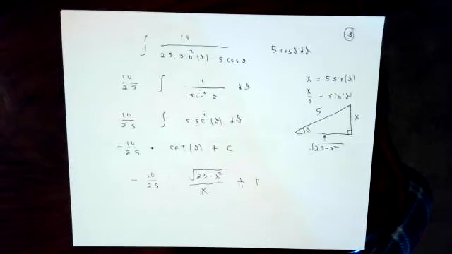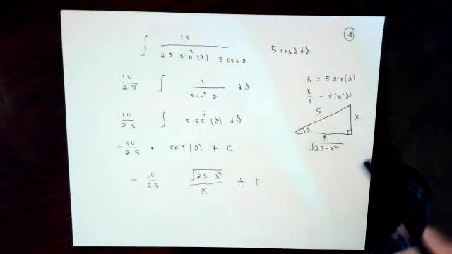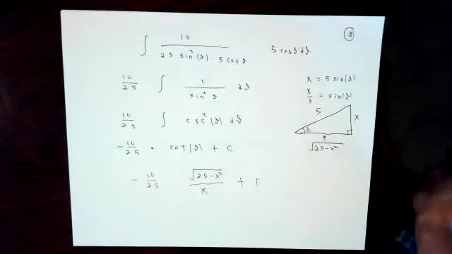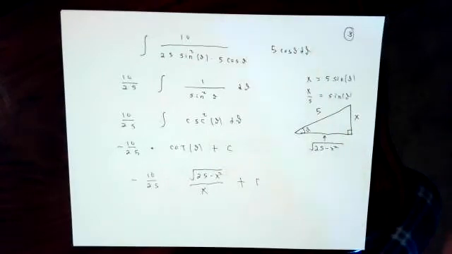Now, when it comes time to write it back in terms of x's again at the end, what people usually do is they draw a little triangle like this. X was 5 times sine of theta. That means sine of theta has got to be x divided by 5.